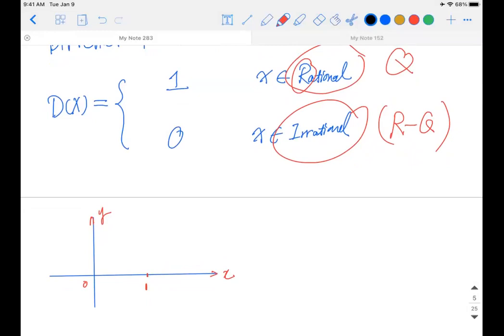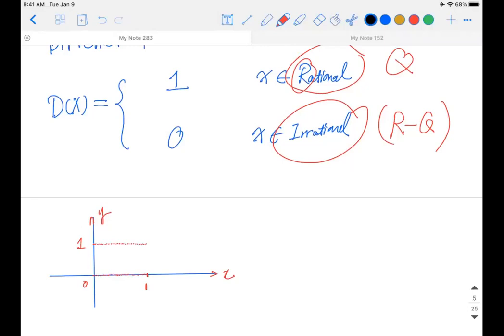Infinitely many, right? How many irrational numbers between 0 and 1? Also infinitely many. If I wanted to use my point, so this is 1, this is 0. So the function graph is more like a bunch of points, right? And this is also a bunch of points.